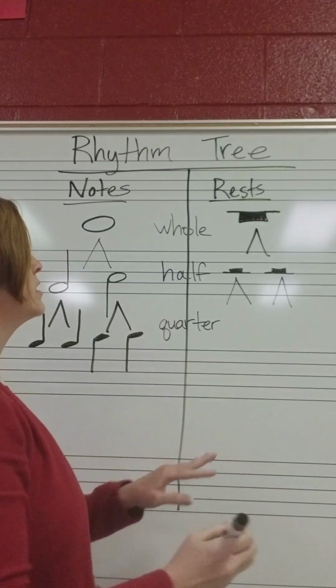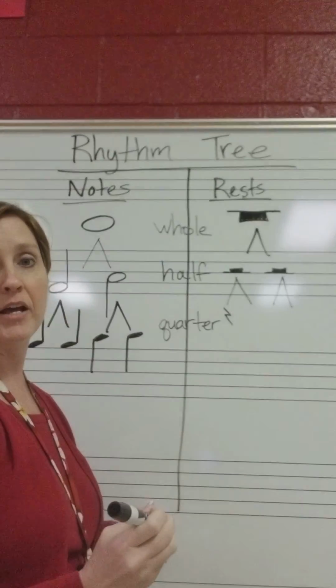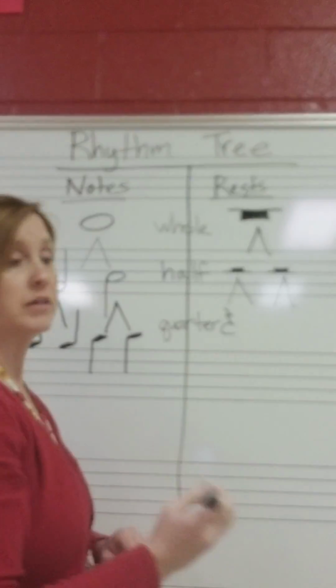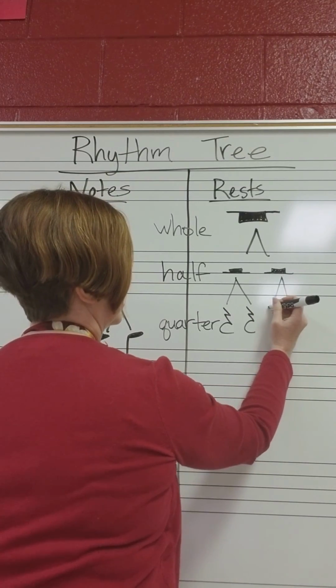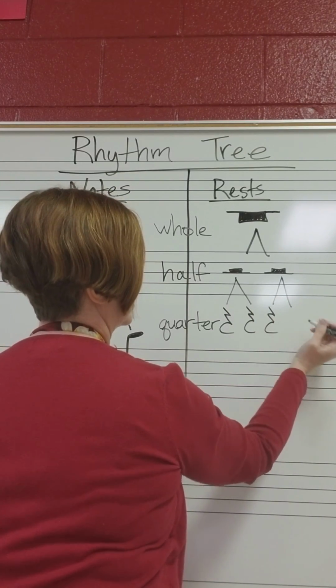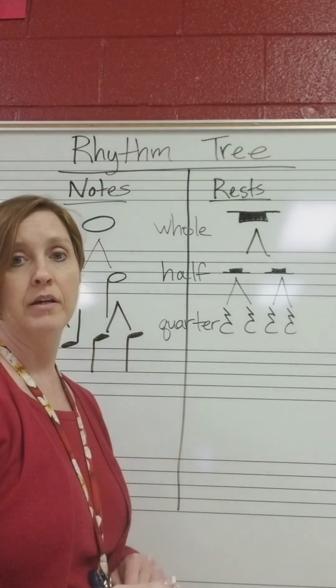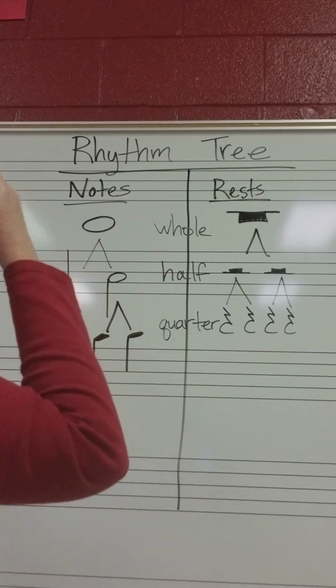So your quarter rest, you're going to draw it with kind of a zigzag looking Z with a C dangling from it. And all of the quarter rests will look the same. A zigzag and a C. Z and a C. All right, so now we have taken it down to the quarter.